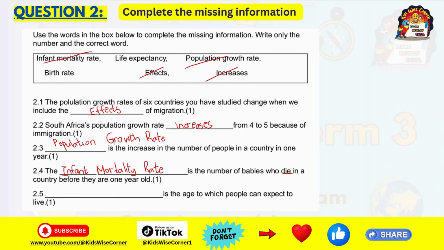Something is the age to which people can expect to live. Life expectancy is the answer. So life expectancy is the age to which people can expect to live.